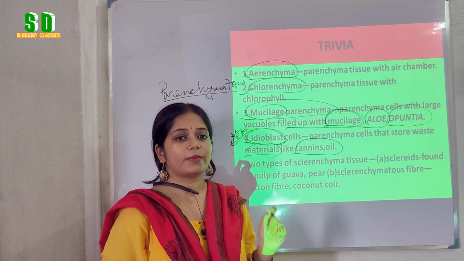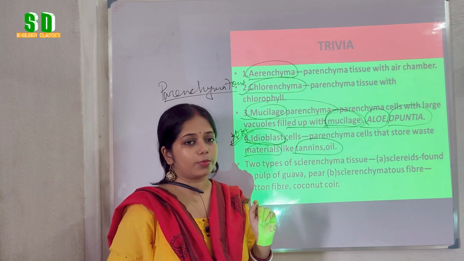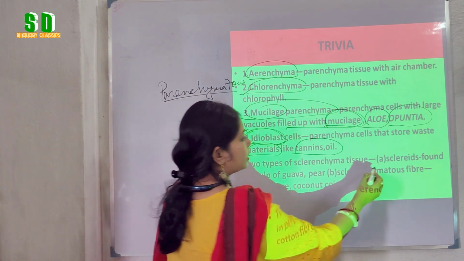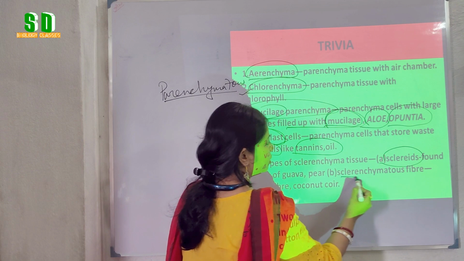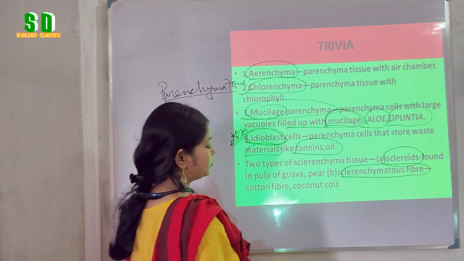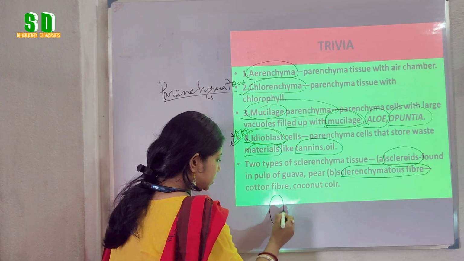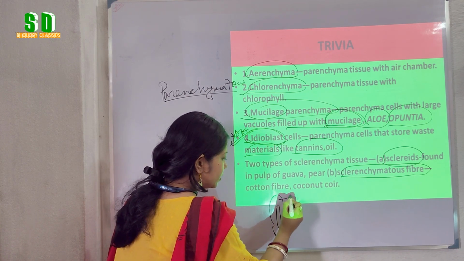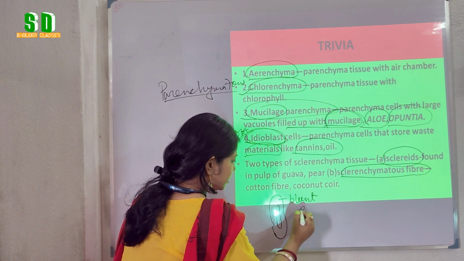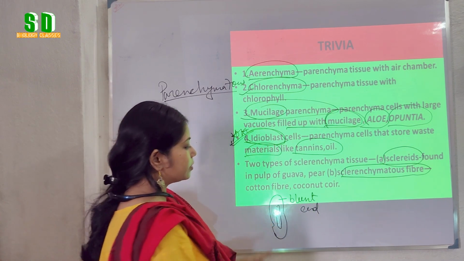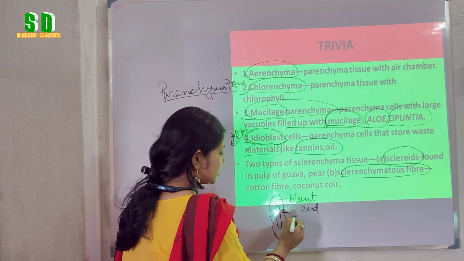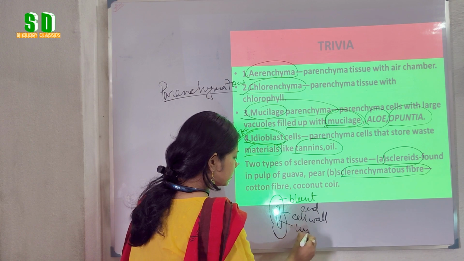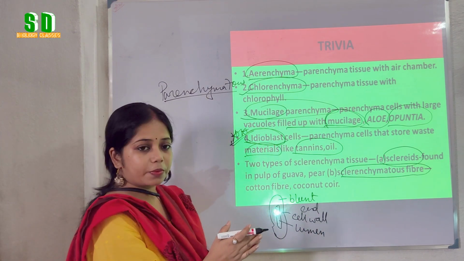Now in case of sclerenchymatous tissue also, there are different types. The important types of sclerenchymatous tissue are sclereids and sclerenchymatous fiber. When the sclerenchymatous cells have a thick cell wall with blunt end, this is the cell wall, and this is the lumen, that is the narrow space inside the cell.